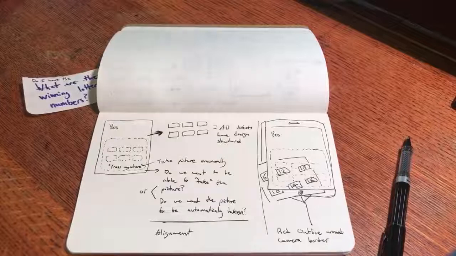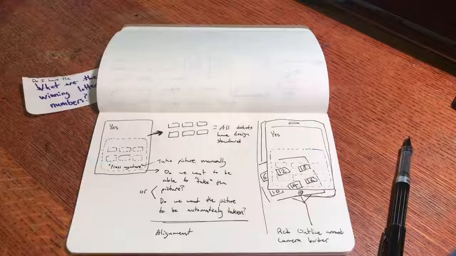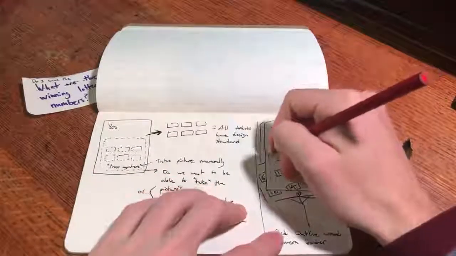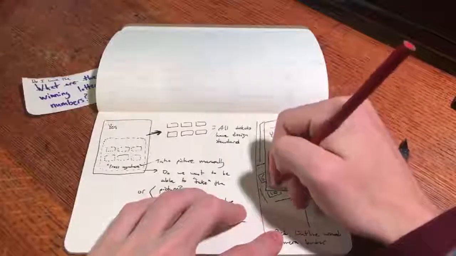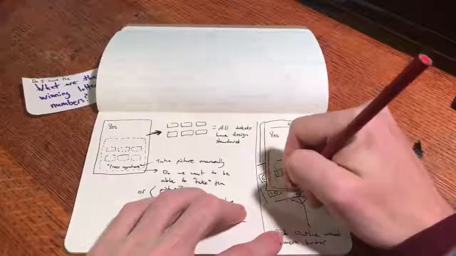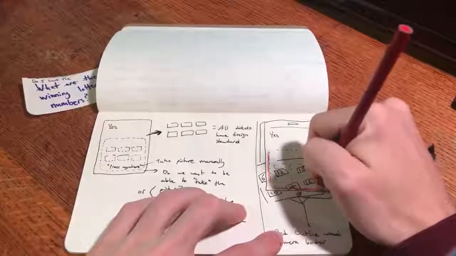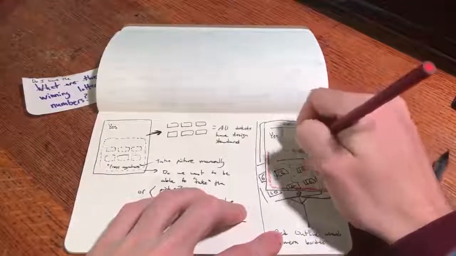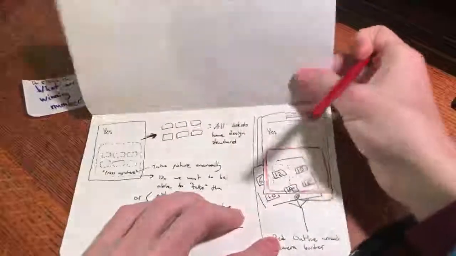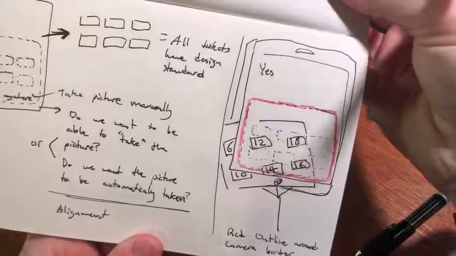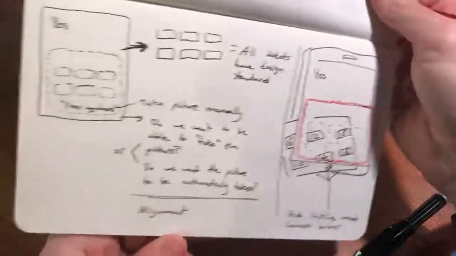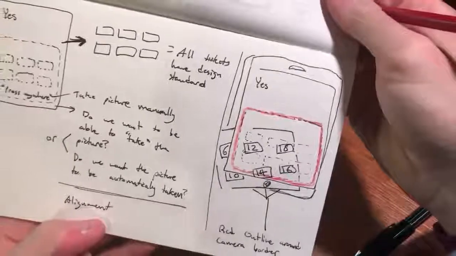Really helpful thing about drawing everything is that you can have colors that you can add when it's black and white to help get your point across. So we could have just around the border here of what the camera sees. It could be red, maybe even yellow when it gets closer, so that you can see that it's not in alignment. And it'll stay red until it's in alignment, since it's taking an automatic picture. Okay.